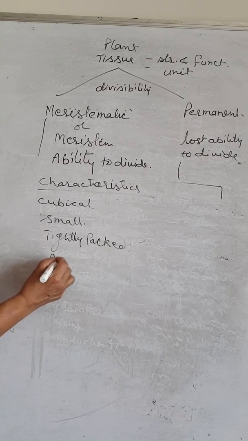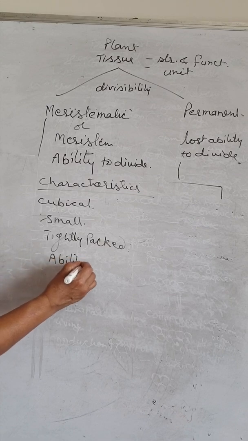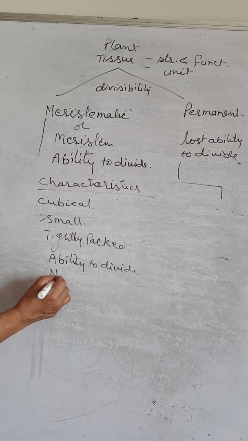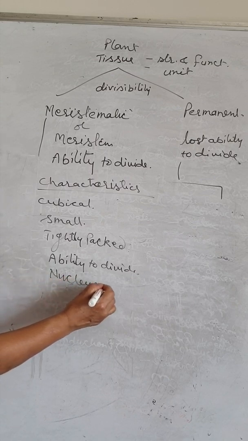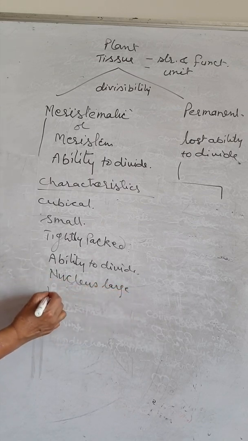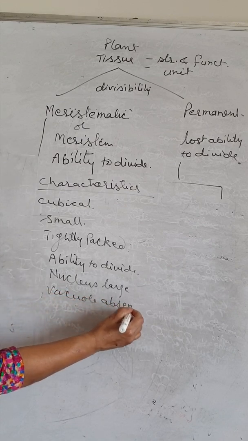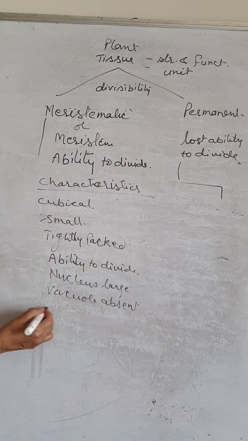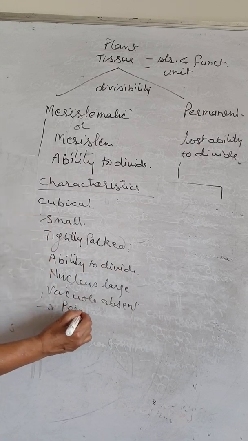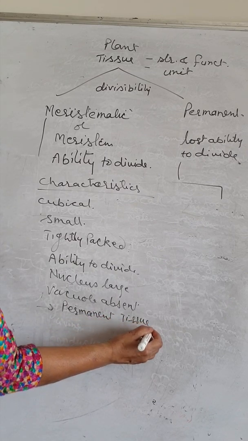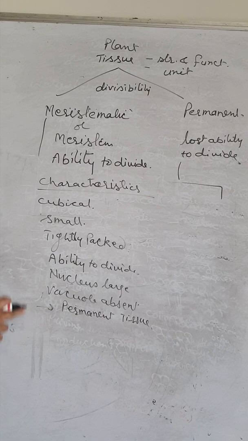They have the ability to divide, nucleus large, vacuoles absent, and when they mature, they form the permanent tissue. So these are the characteristics of meristematic tissues.